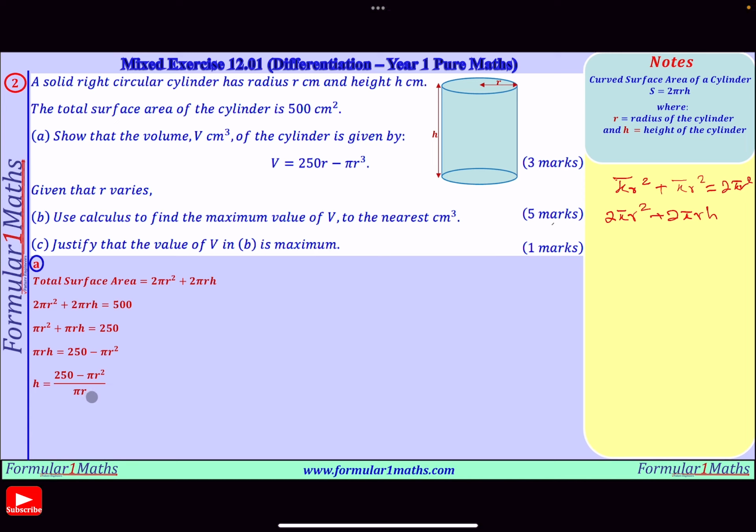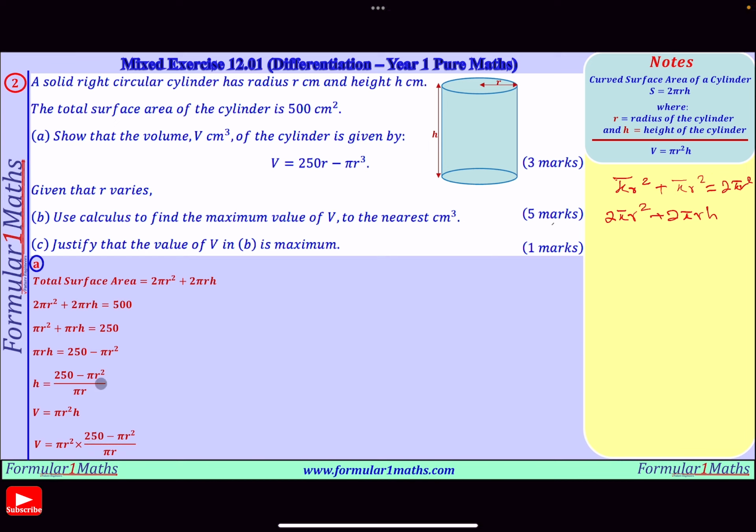We also know that the volume of a cylinder is given by V is equal to pi r squared times h. So the cross-sectional area is pi r squared times the height, which is h. And so V is equal to pi r squared h. We can now substitute this value for h over here to obtain V equals pi r squared times the height, which we got over here.